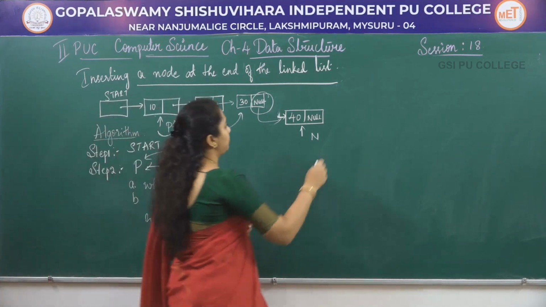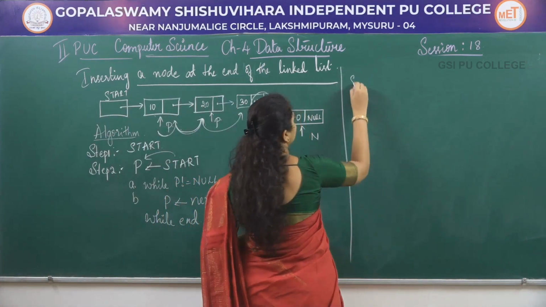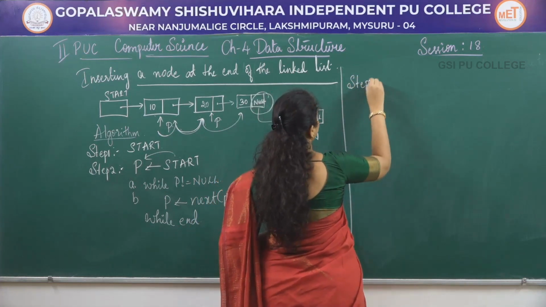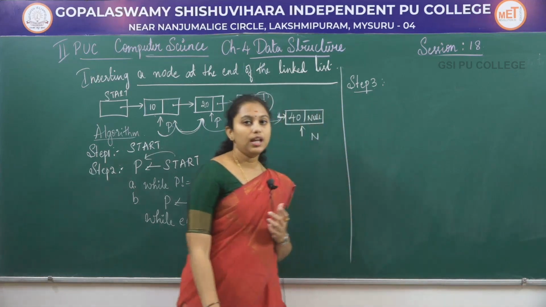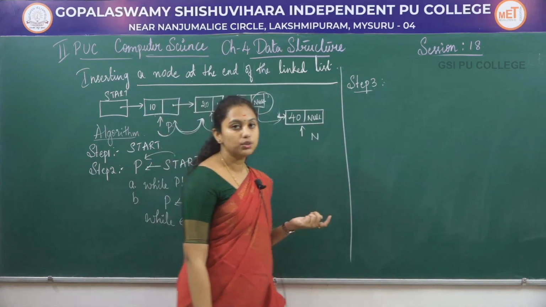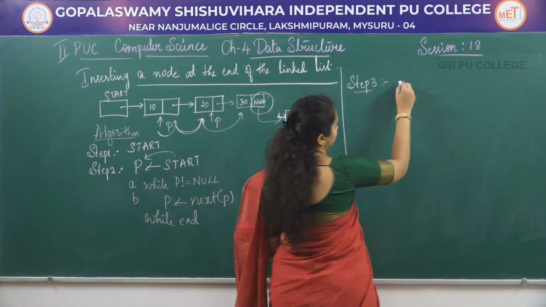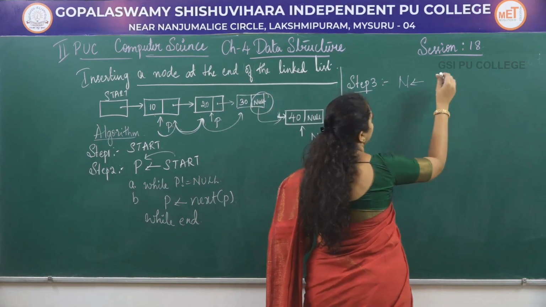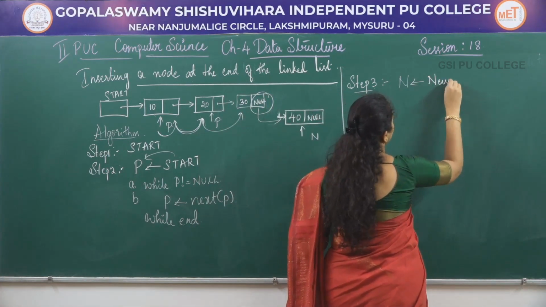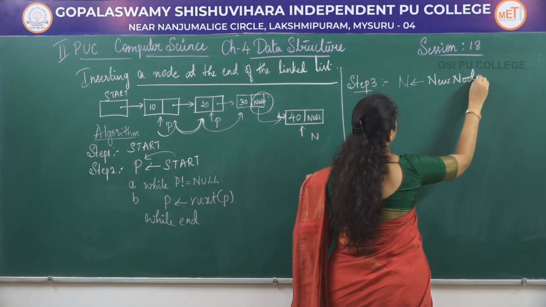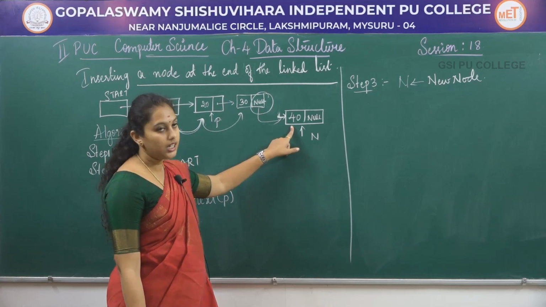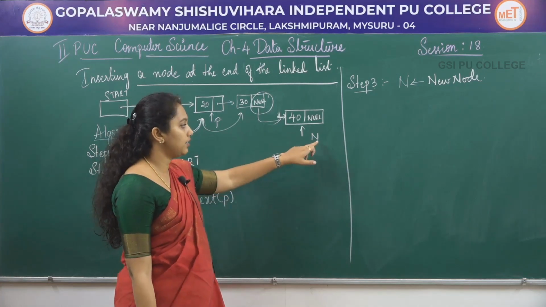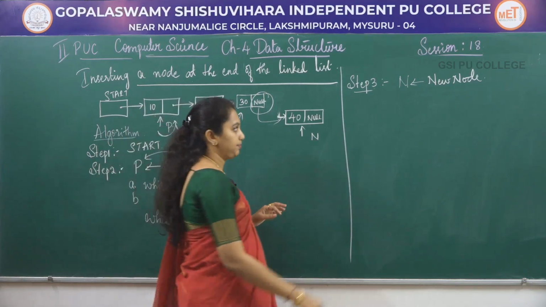So in step 3, create a new node and copy the address to the pointer n. So now this new node we have created, we are copying the address to the pointer n.